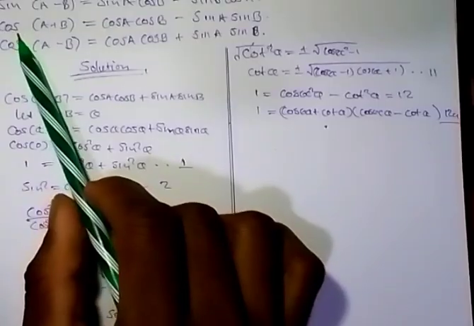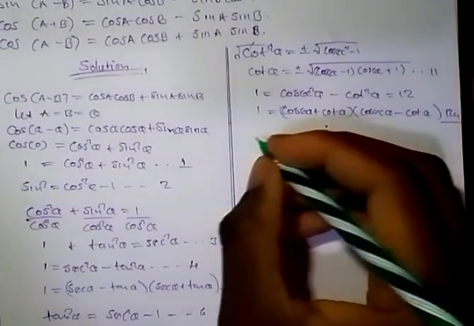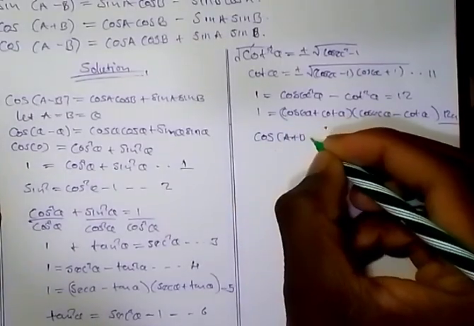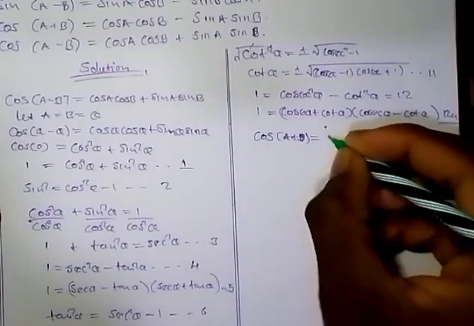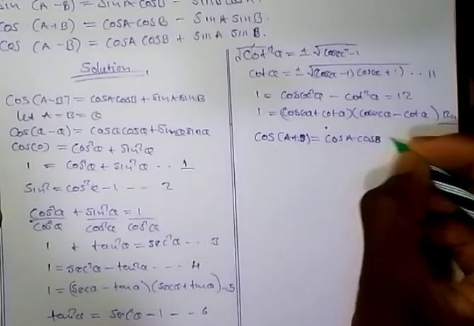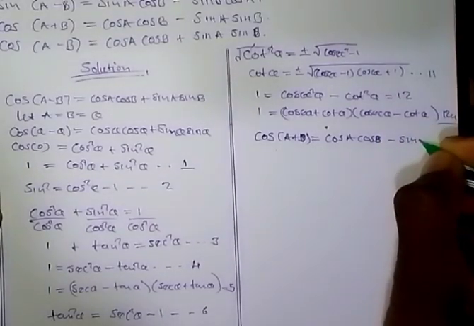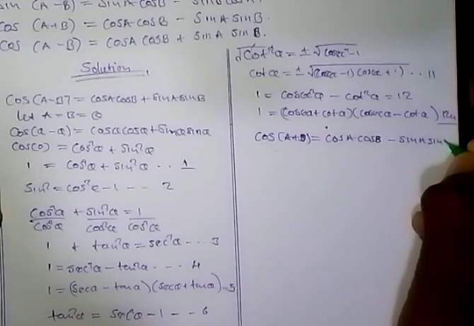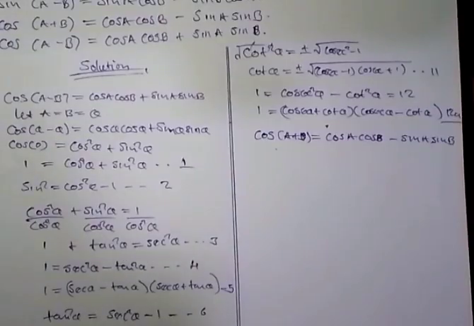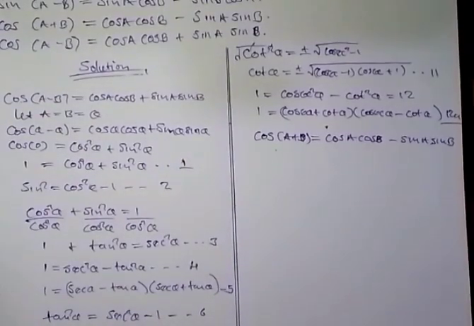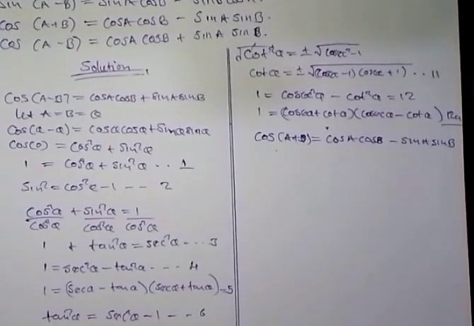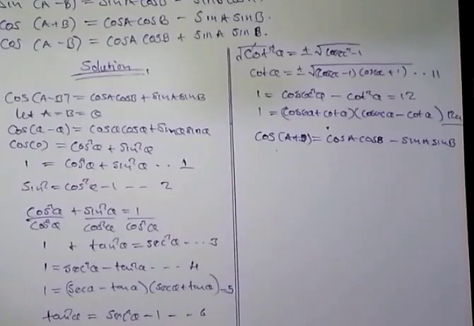So we consider equation number 3, which is cos A plus B equals cos A cos B minus sin A sin B. So also here we are going to make the same assumption that A and B equal theta, and so we are going to replace everywhere with theta.